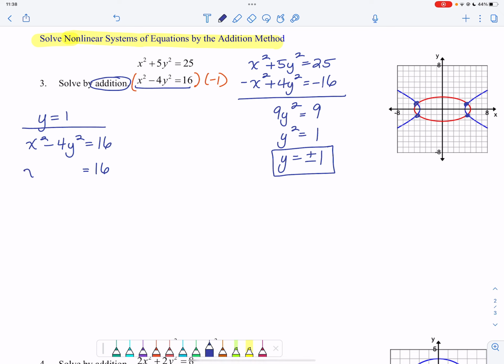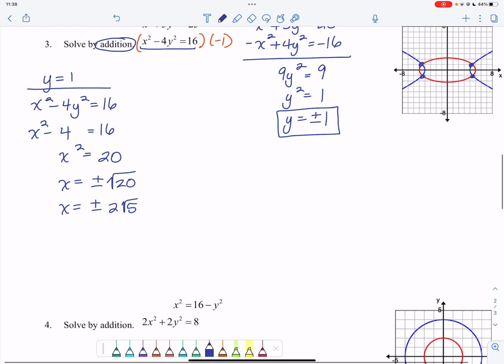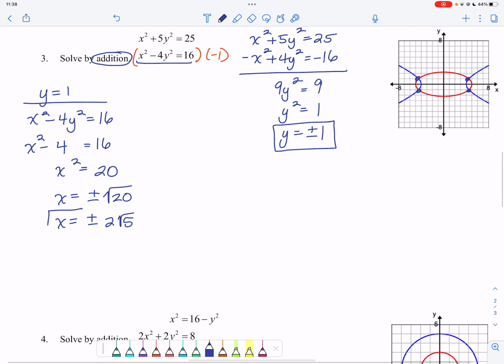We have x squared minus 4 equals 16. So we have x squared equals 20. So we have x equals plus or minus root 20. So x equals plus or minus 2 root 5. Okay, so with that, what do we have?